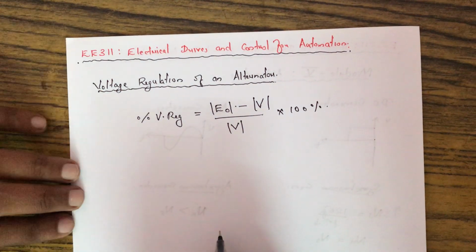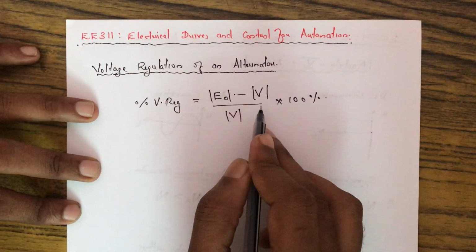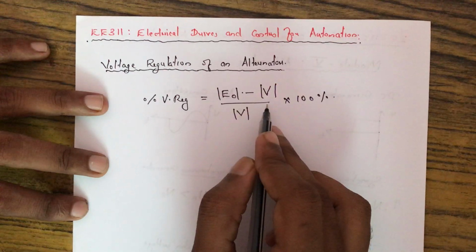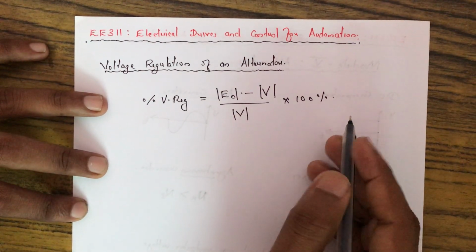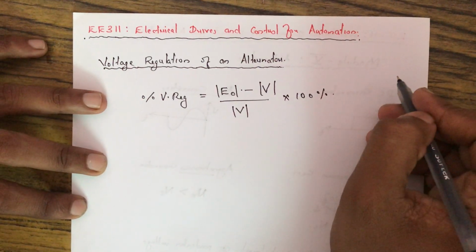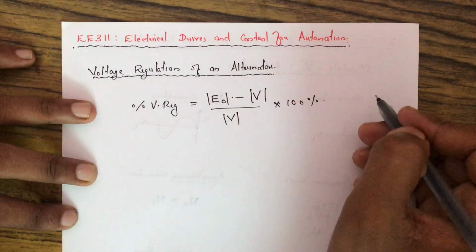So in small rated machines we can directly conduct the test. We can connect the alternator with the full load, and suddenly throw off the load, and then measure the no load EMF, the induced EMF, the no load voltage.